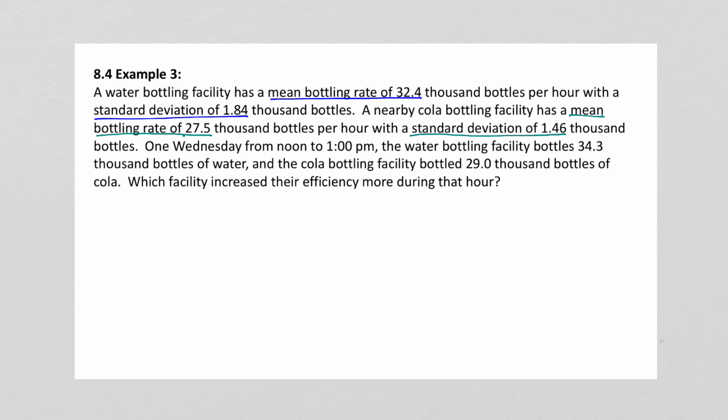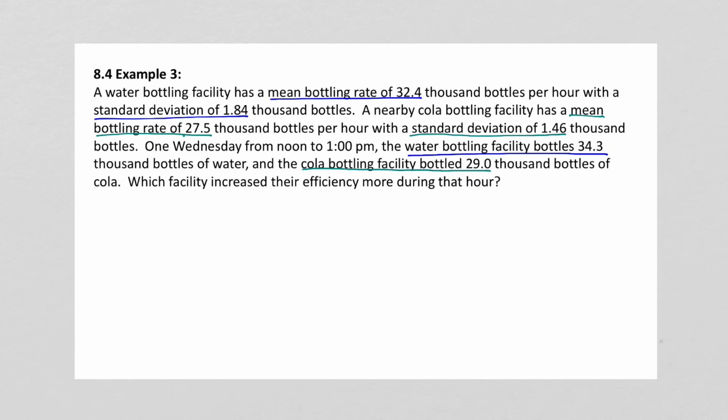On Wednesday afternoon, from noon to 1 p.m., the water bottling facility bottles 34.3 thousand bottles of water, and the cola bottling facility bottled 29,000 bottles of cola. Which facility increased their efficiency more during that hour?